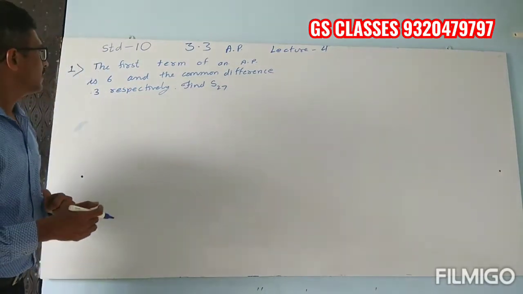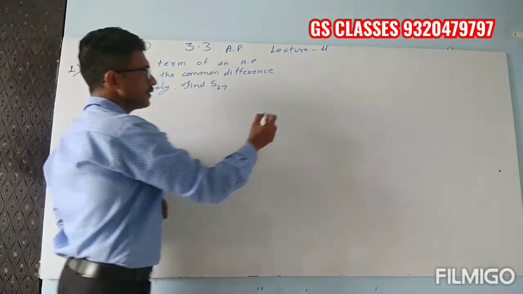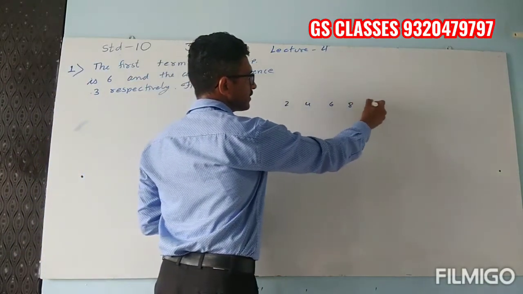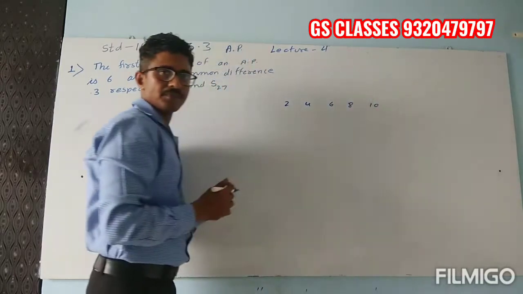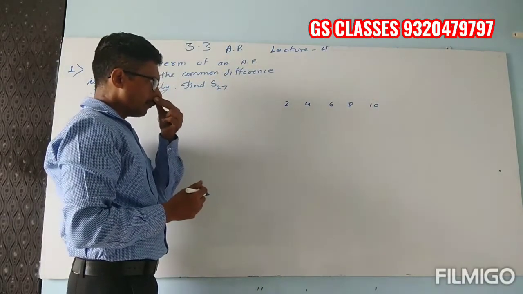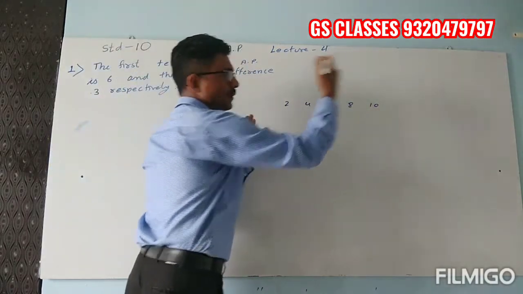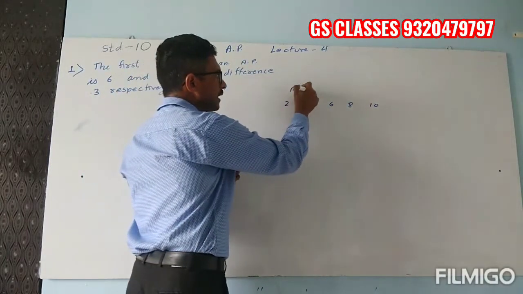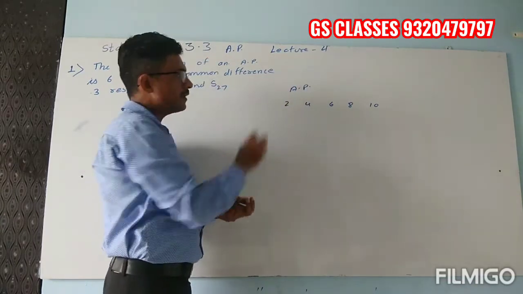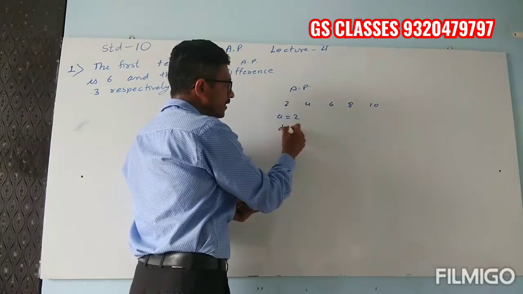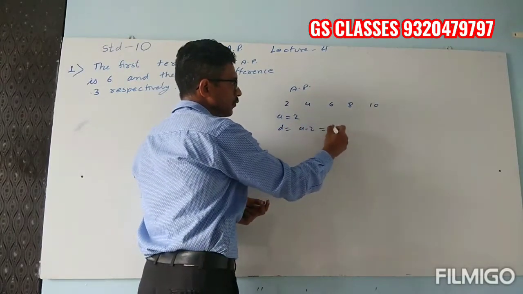Means, if suppose we have written 2, 4, 6, 8, 10 like this, what is the answer if I add all these terms? This is an AP. Here A is 2. Here the common difference is 4 minus 2, which is 2.